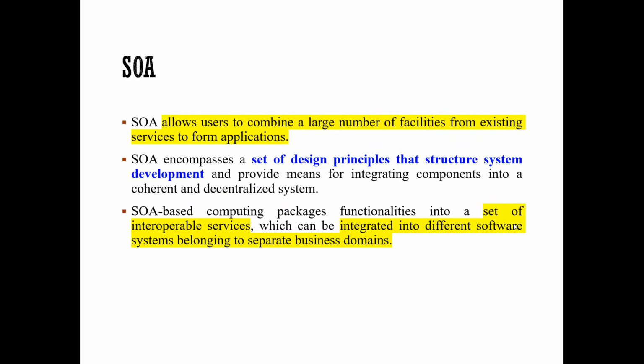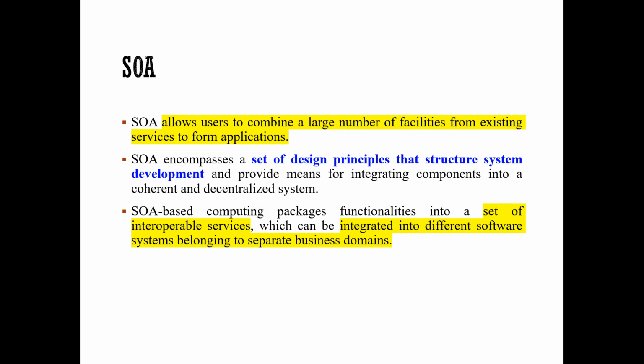So everything is combined together, and it is called an authentication service. SOA allows multiple existing services to work together to build a complete application. It is a set of design principles that structure system development. Instead of developing everything from scratch, developers combine the already available services.